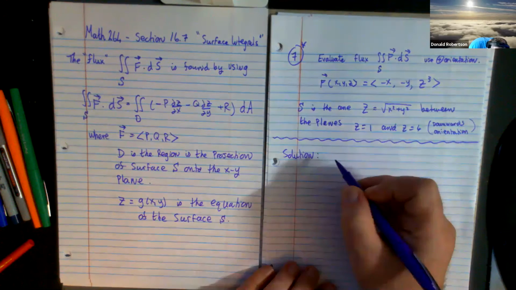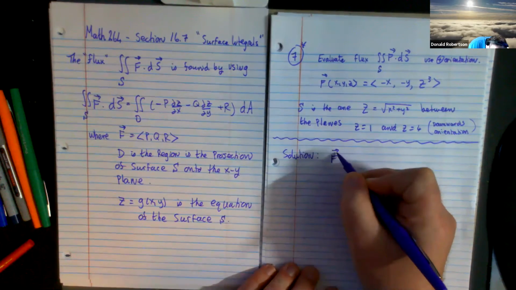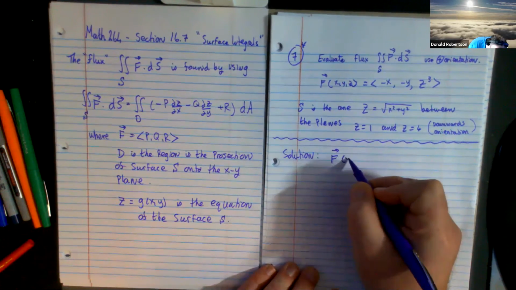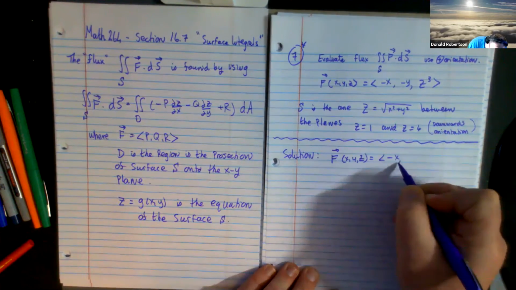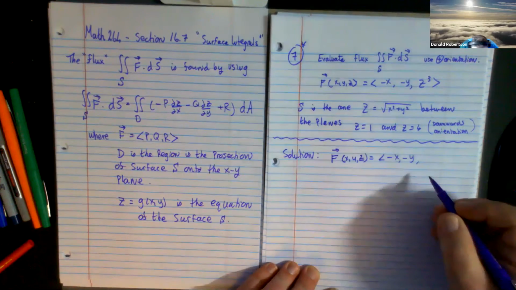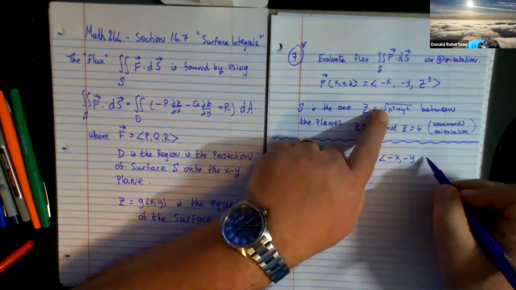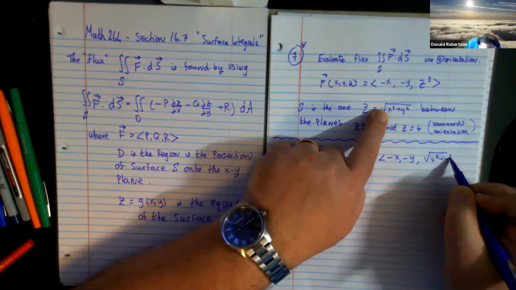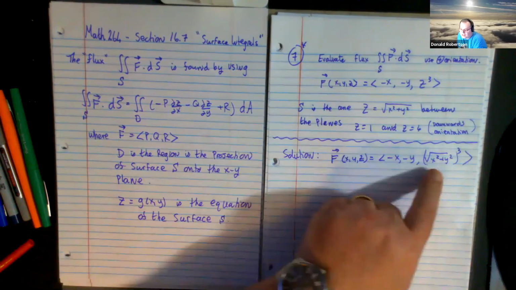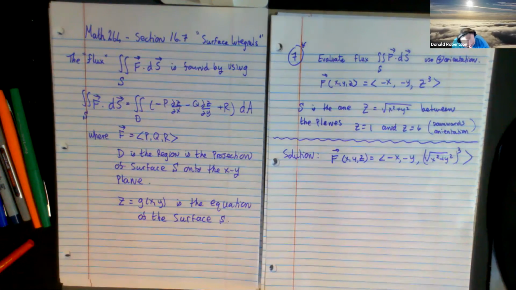So I do not screw up the first part. It's going to be negative x, negative y, but not z cubed, but that guy cubed. So I've already turned the z into x's and y's. That way I won't make that mistake that I did the first time. So that's a good start.